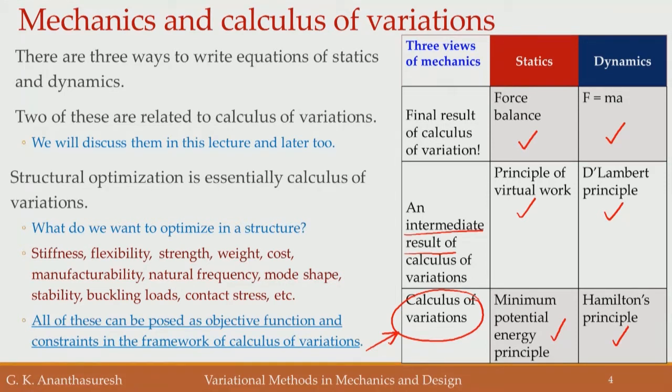And what do we optimize for? All of those are listed here. When you think of a structure, as a designer, you would be interested in stiffness, flexibility, strength, weight, cost, manufacturability, natural frequencies, mode shapes, stability such as buckling loads, and then contact stresses and things like that. For all of these things, we can pose calculus of variations problems.